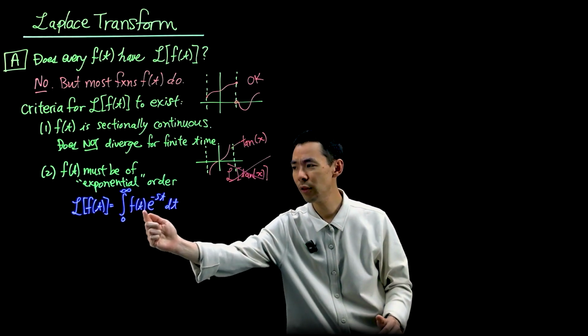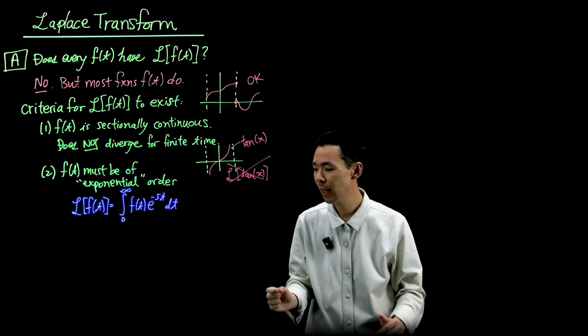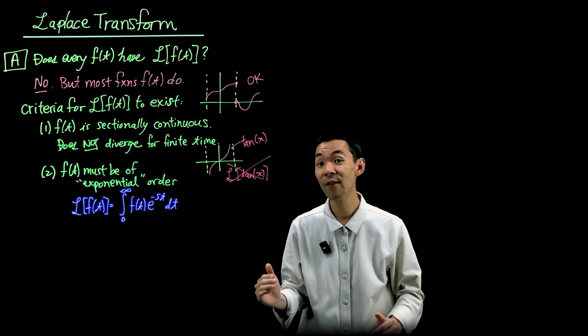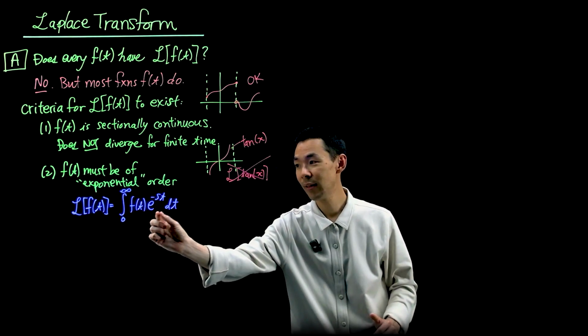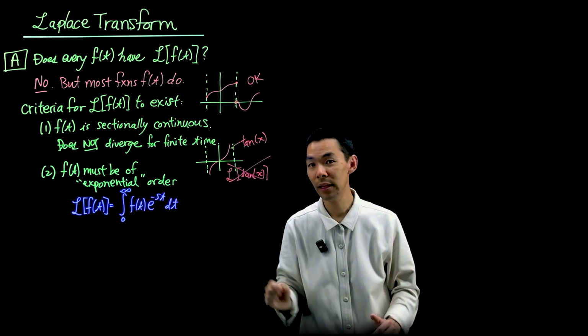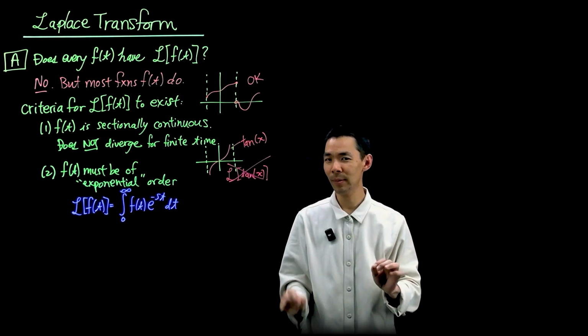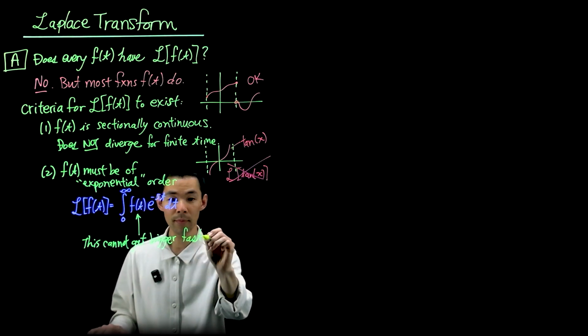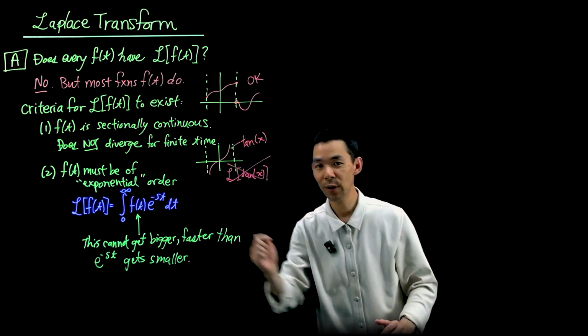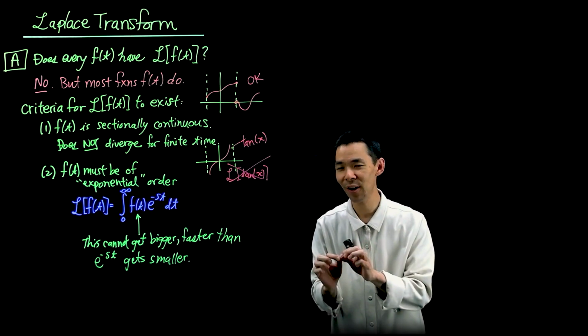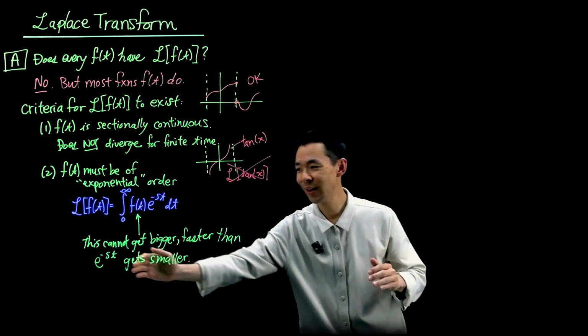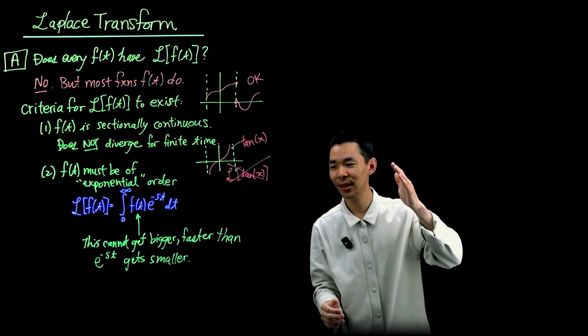So the function you want, little f of t, cannot get bigger faster than e to the negative st drops. That's a little confusing, so let me write that point down. The function you want cannot get bigger faster than e to the negative st gets smaller.